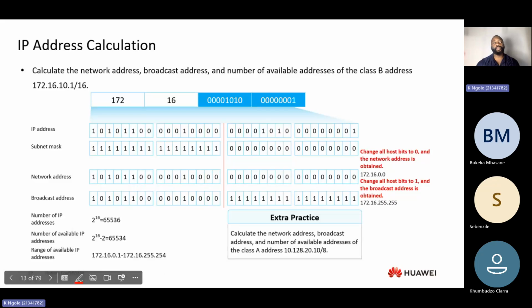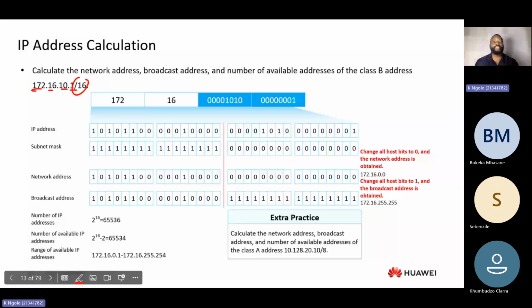So in this case here, the IP itself is 172.16.10.1. And this 16 here is not part of the IP, but it is information that is given to us. This prefix of 16 means, remember when we spoke about the type of IP address yesterday, the IPv4, which has 32 bits.